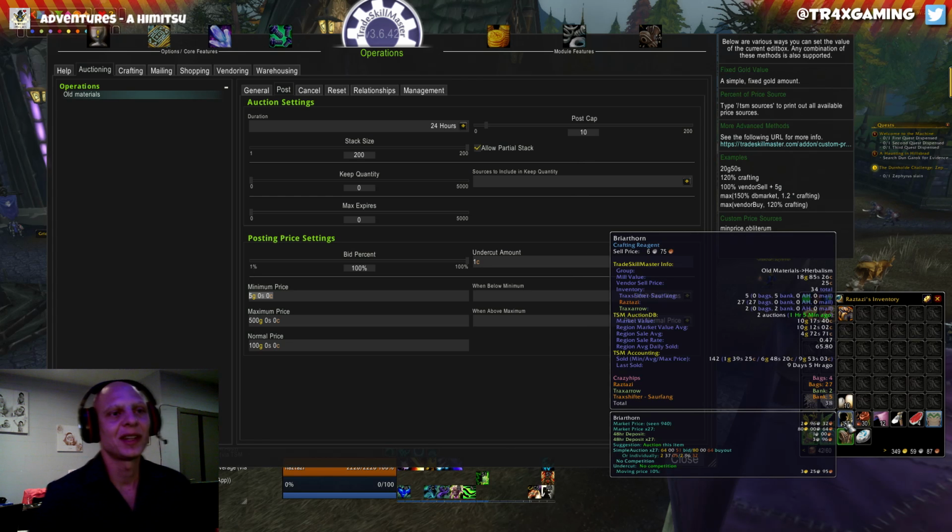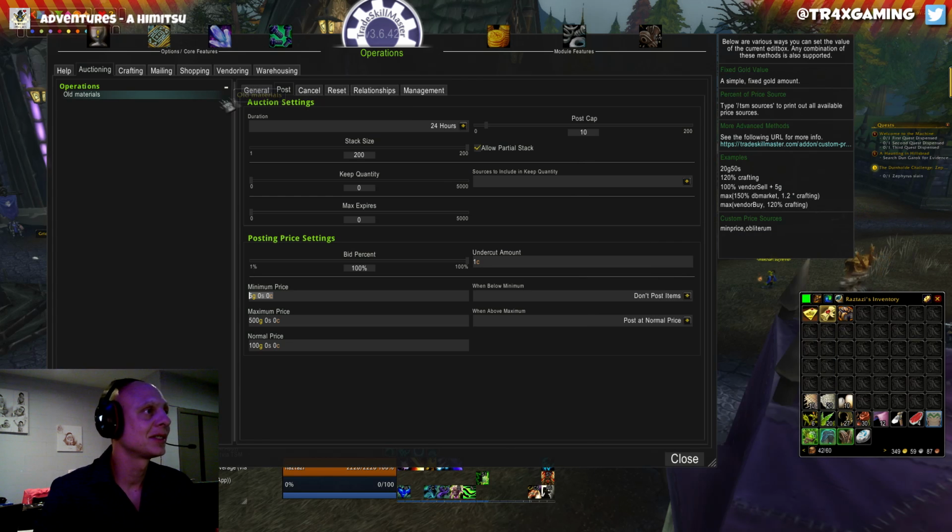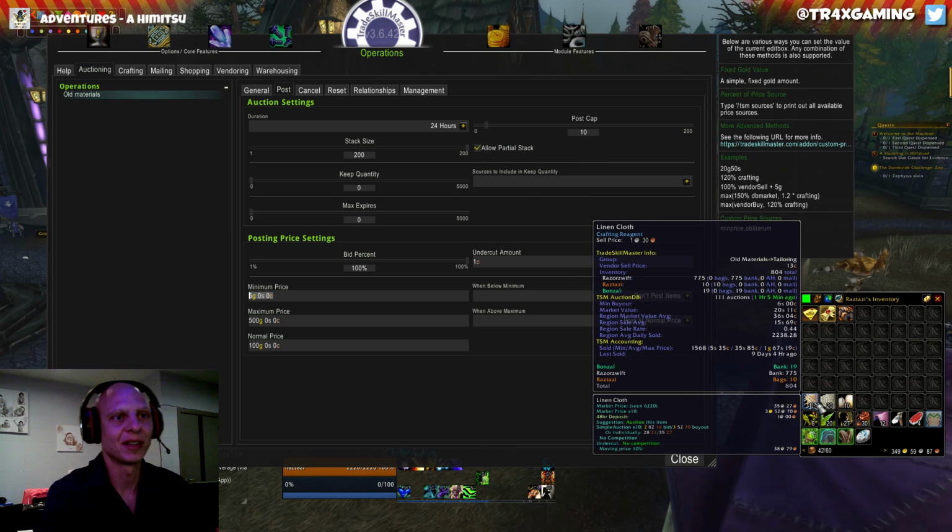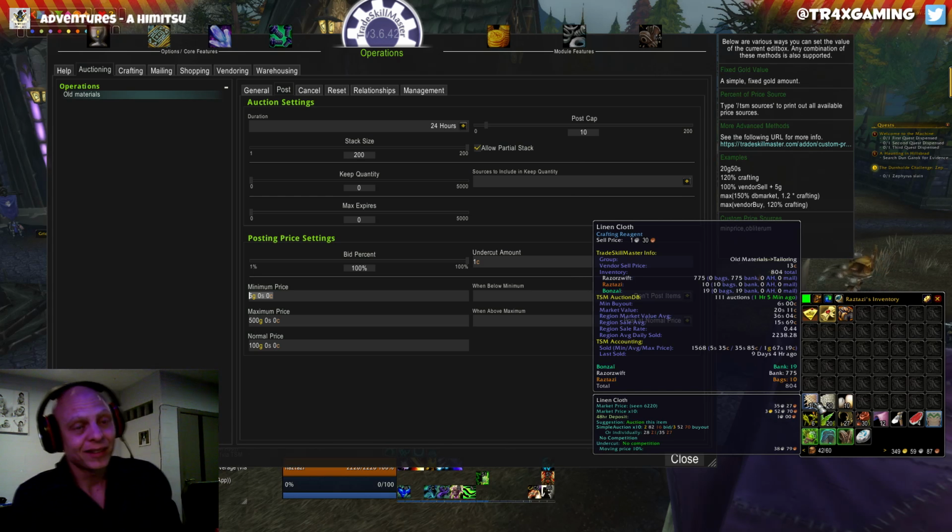So what I'm actually going to use, because I'm going to use the example of linen cloth, vendor sell price is 13 copper. So what I never want to do is put this item on the auction house cheaper than what it would sell to a vendor. So I want at least double for it.